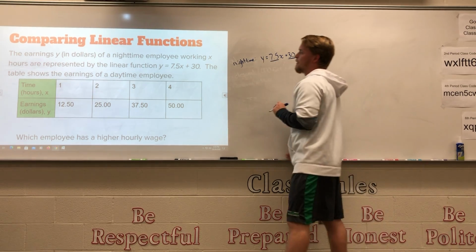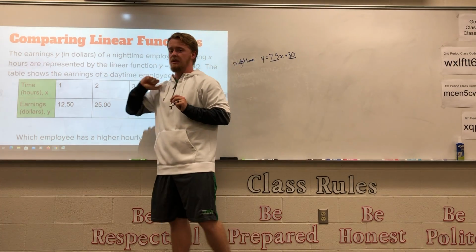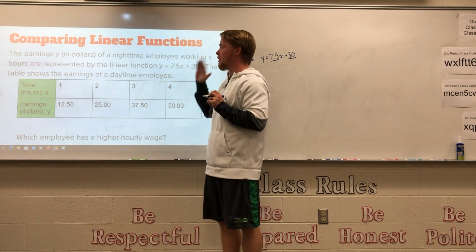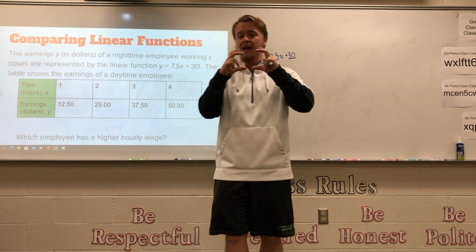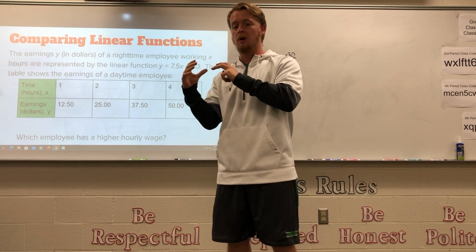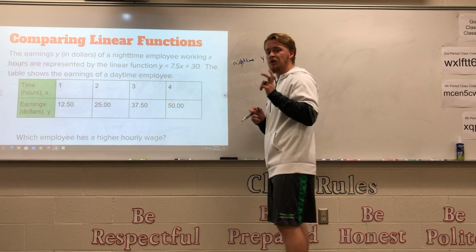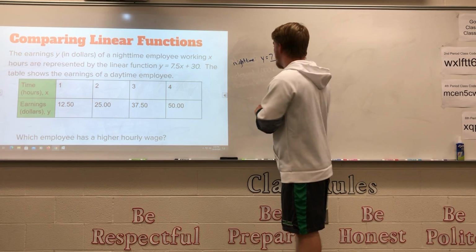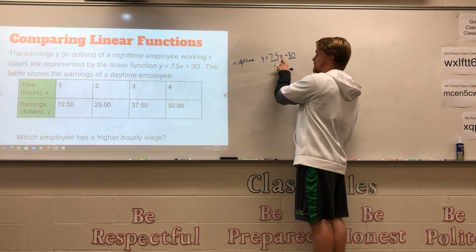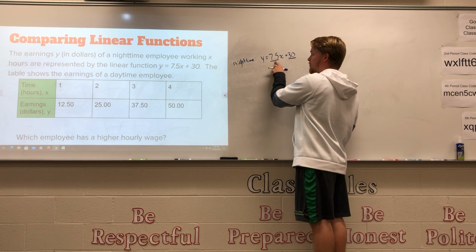It says working x hours, so that's important. x means the number of hours you work. So if we're talking about hourly wage, how much you're getting paid per hour, x is being multiplied by 7.5.